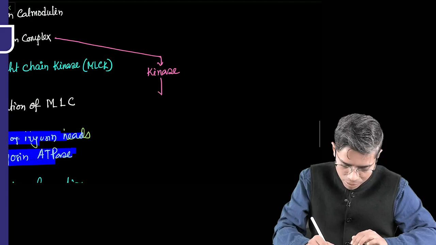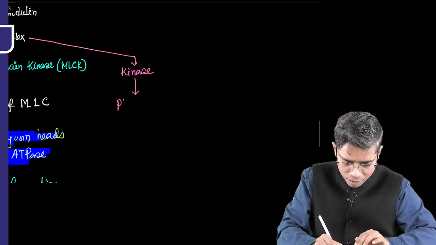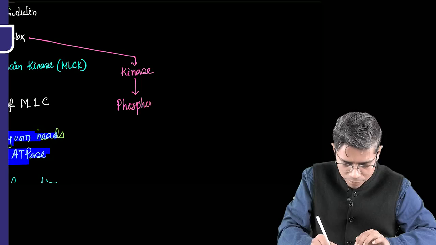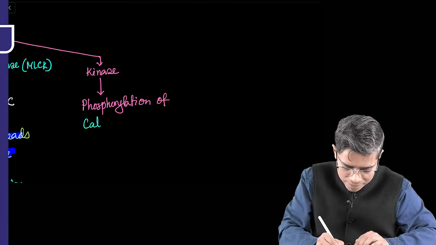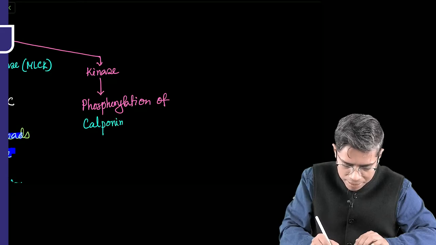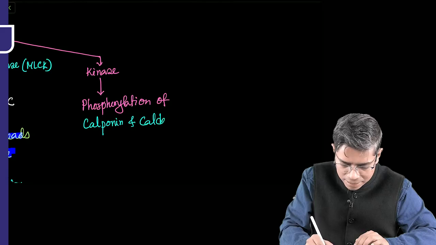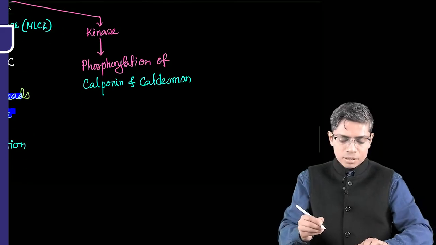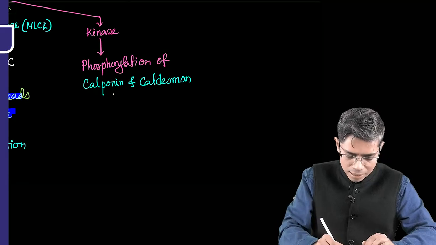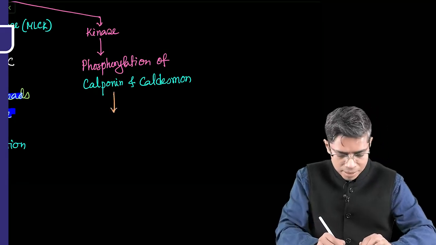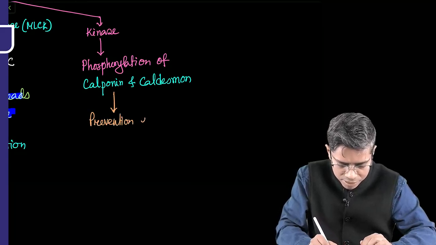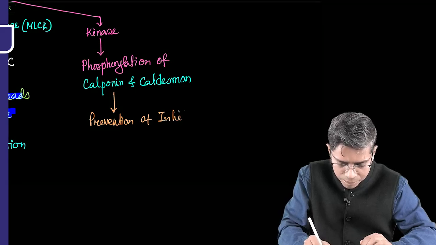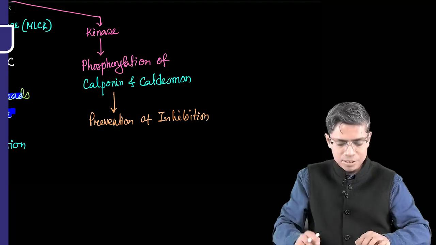These kinases cause phosphorylation of these inhibitory proteins, that is calponin and caldesmon. Because of the phosphorylation of calponin and caldesmon, what will happen? There will be prevention of inhibition between actin and myosin.